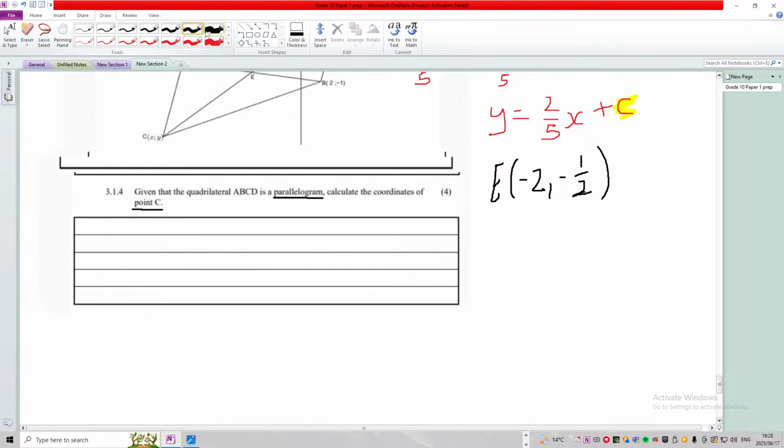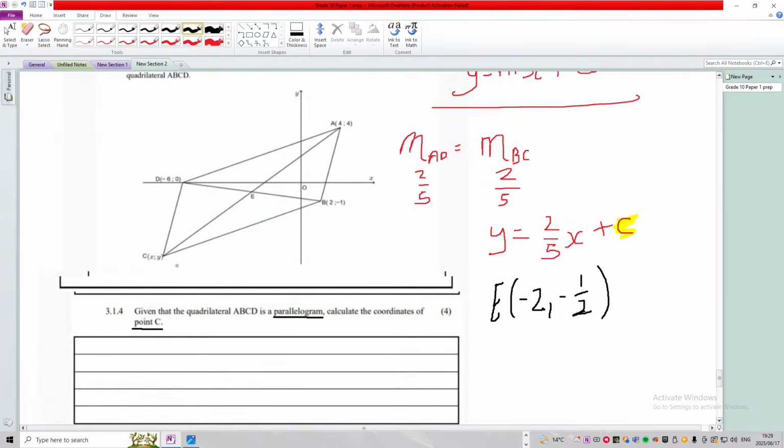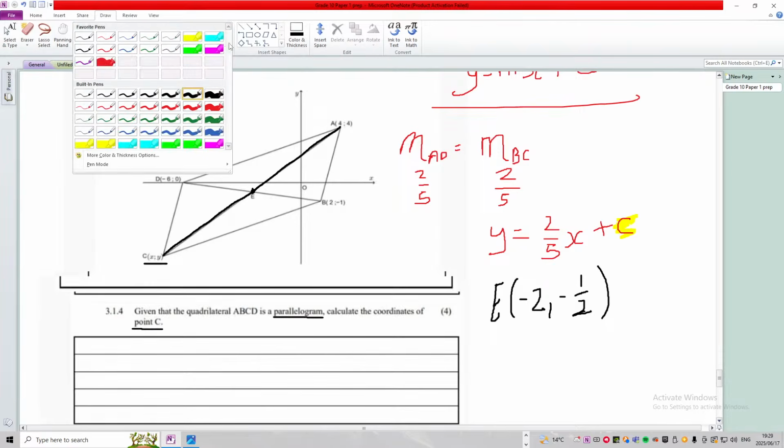Okay. So we need to find the coordinates of C. There are a few things we need to know about C. Firstly, we've been told that ABCD is a parallelogram. Now we know that in a parallelogram, the diagonals bisect. So E is also the midpoint of CA.